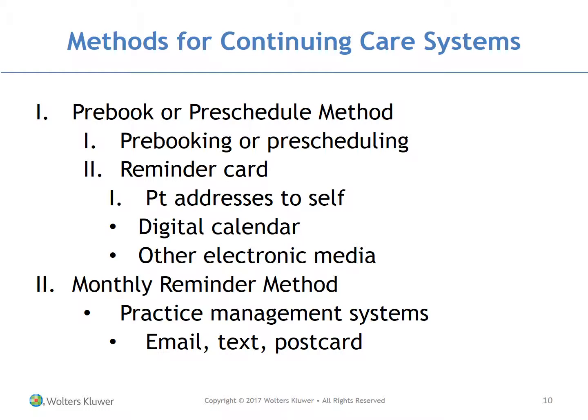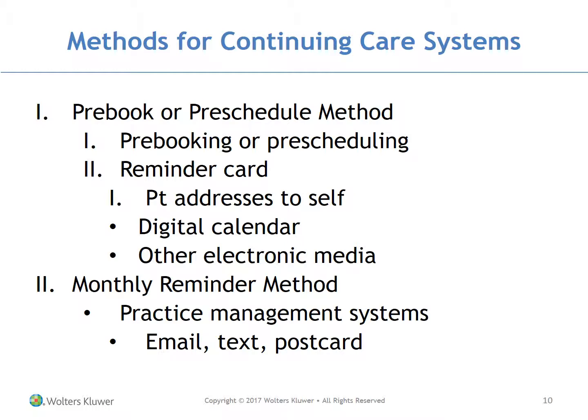Then we have a monthly reminder method. If a patient is not pre-scheduled, a monthly list of patients is printed for you, and then you go through and you call them, you text them, whatever way your office uses to identify patients that are not scheduled but are due.